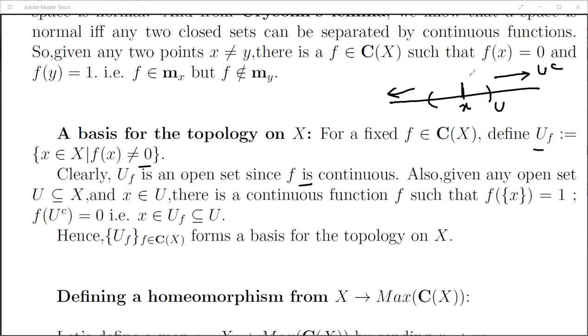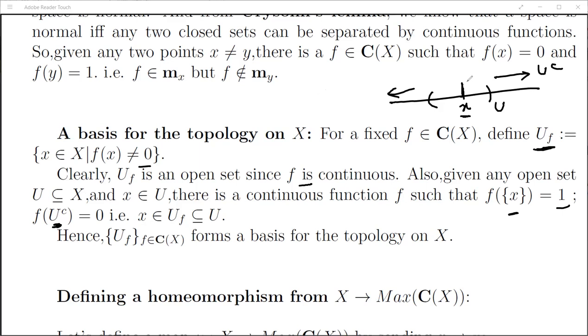So again, use Urysohn's lemma. Then we can find a function F such that F takes the value 1 at the point X and it takes 0 outside U. So this point X actually belongs to my U_f by definition, and by definition, U_f is the set of all x such that f does not vanish there.